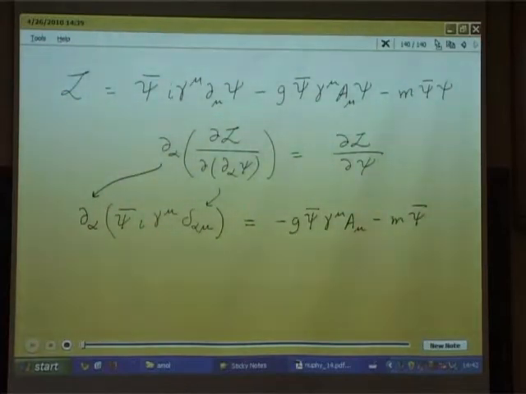So this now becomes del_alpha of psi bar i gamma.